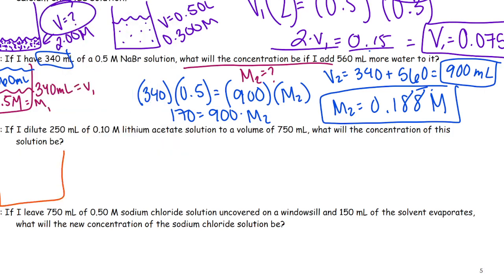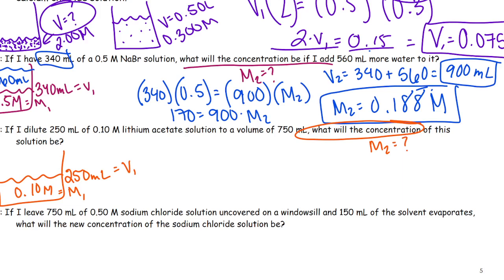So what we're starting with is 250 milliliters of 0.10 molar, that's an M. So I would call this my volume 1, and this would be my molarity 1. We're looking for the concentration. It says, what will the concentration of this be? So I am looking for M2.